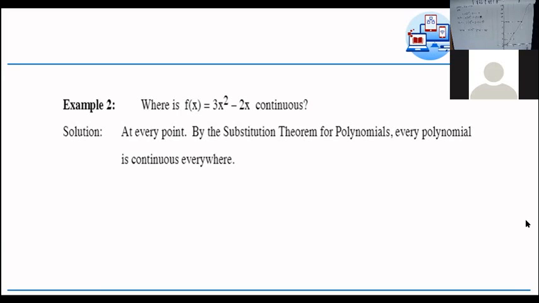And then, as x approaches 4, the answer is 40. And if we're going to connect those points, we have now a continuous function. Ibig sabihin, kahit anong value yung ilagay mo dyan, we're going to have a continuous function. Kaya sabi niya, it is continuous everywhere.